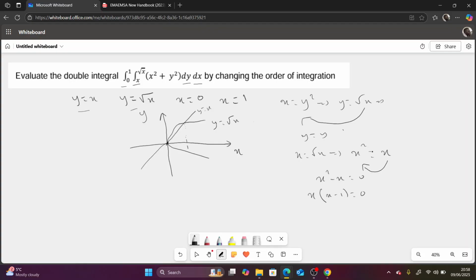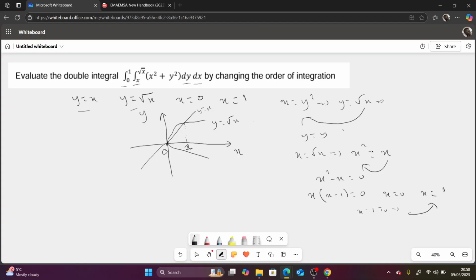So this actually justifies it. You will have x equals 0, which is the first point of intersection, and also x equal 1, because x minus 1 is 0, therefore x is equal to 1, which is the next point of intersection, which justifies what is happening here. I hope we are on the same page.